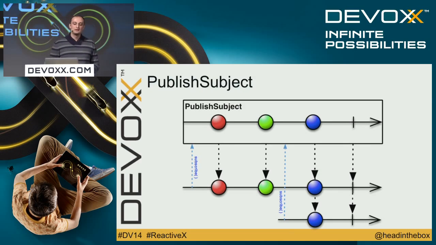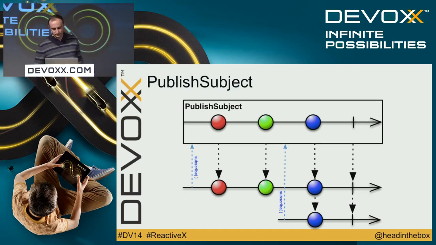Then we have the publish subject, and that one basically does the same, more or less, but without emitting the initial value or the latest value. So here, what you do with publish is exactly what we said about sharing the event stream, right? You have this one observable that emits items, and whenever the first subscribes, he just receives those items, and then a second observer jumps in, and he starts receiving from that item on.